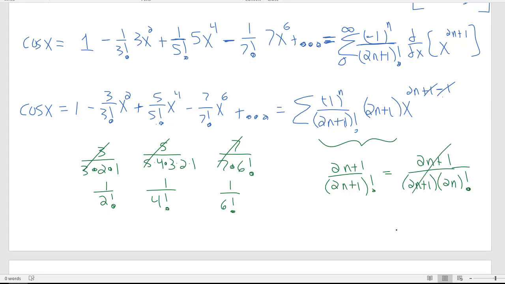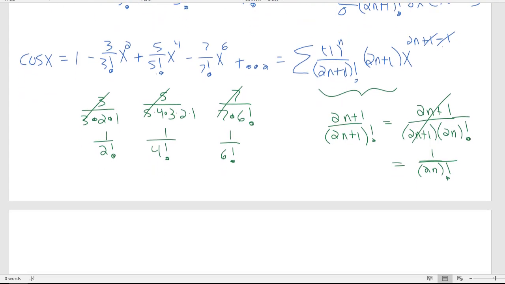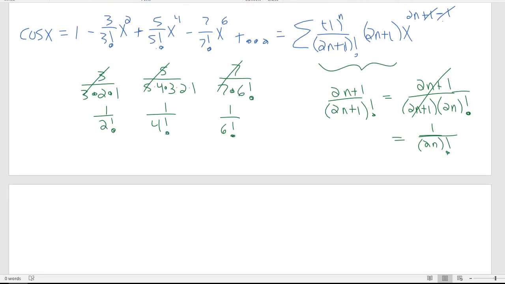The 2n plus 1's are going to cancel, and I'm going to have just 1 over 2n factorial remaining. And it's exactly what we did with those coefficients on the left-hand side. All right, so the little bit of cleanup that we just did there just makes them a little cleaner.